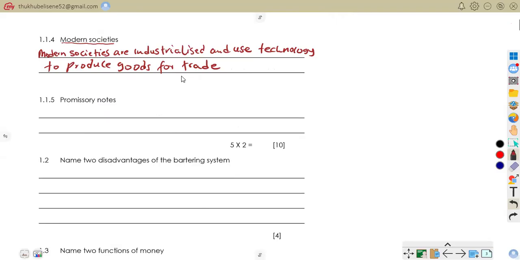For example, a factory using machines to produce cars. So that is when you're talking about modern societies.